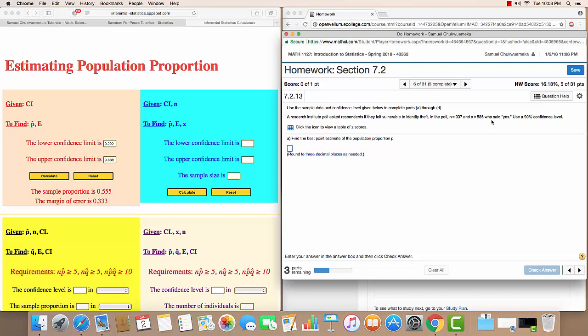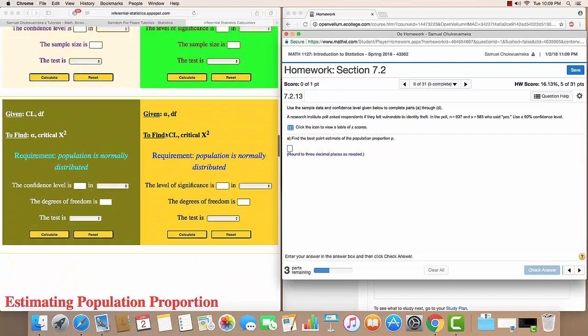The number of individuals who said yes, 585 people. Use a 90% confidence level. Find the best point estimate of the population proportion. So estimating population proportion, look at what they gave you. They gave us N, they gave us X, and they gave us the confidence level, CL.